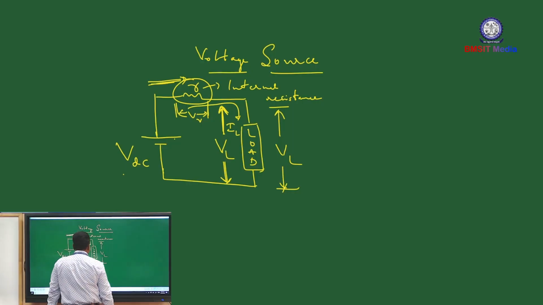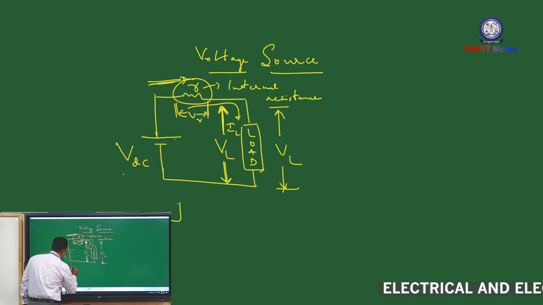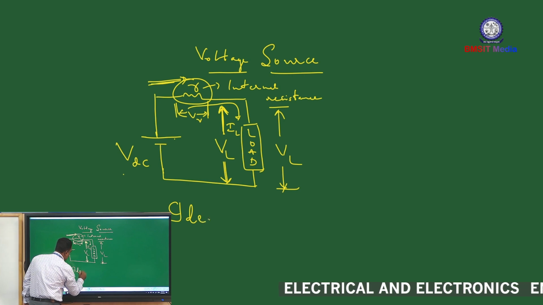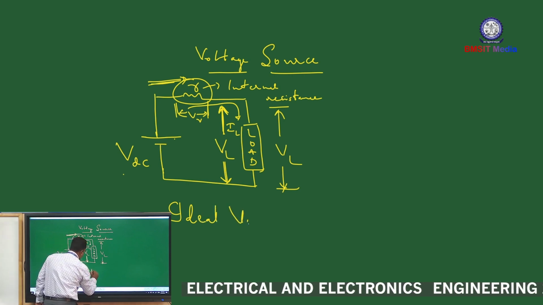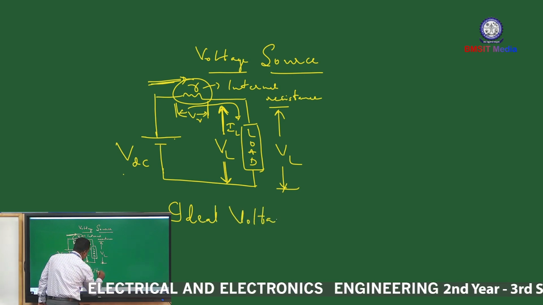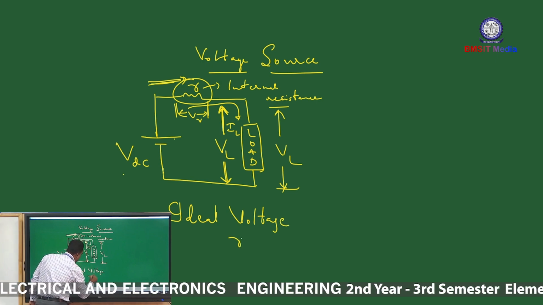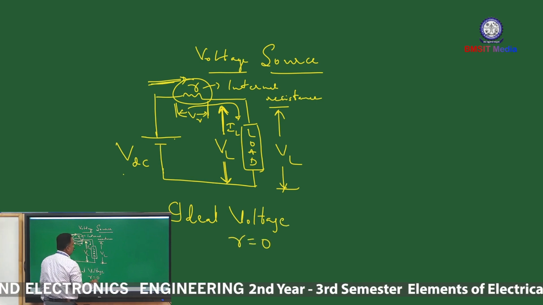So an ideal voltage source means R is 0.